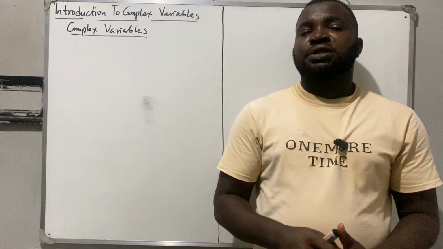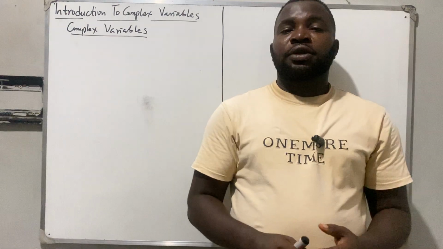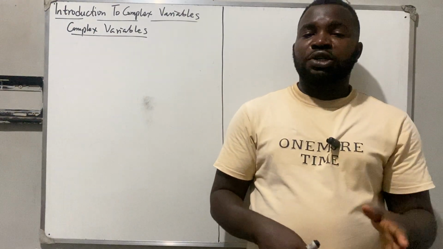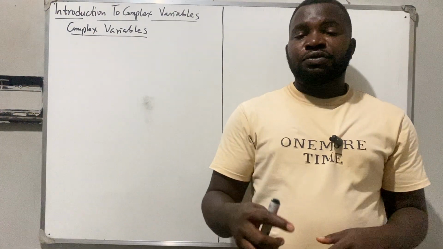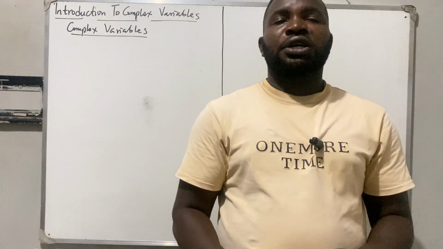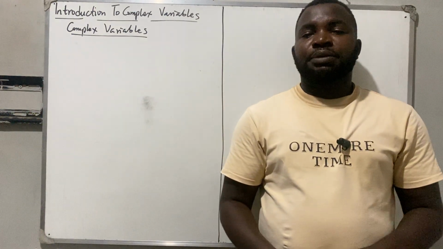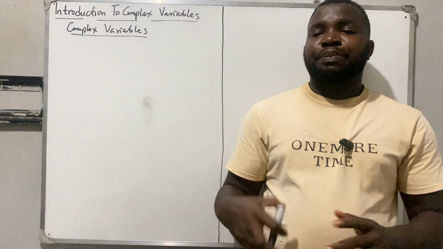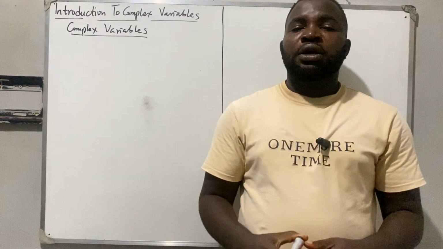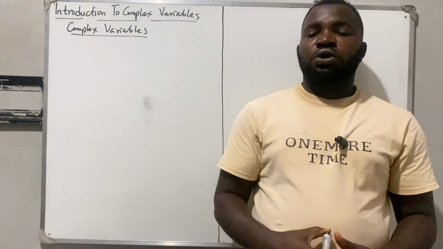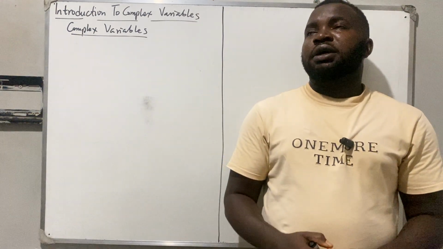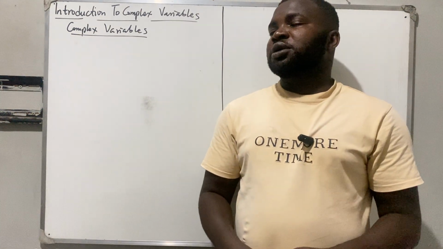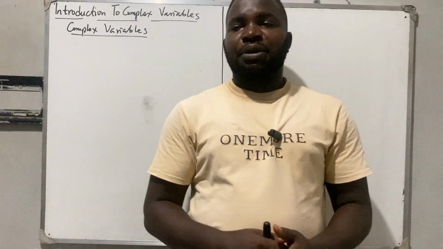We also talked about operations of complex numbers, that is addition, subtraction, multiplication and division, where division led us to rationalization of complex numbers. Then we talked about De Moivre's theorem and its application: how to find the powers of a complex number, how to find the nth root of a complex number, and so many other things.